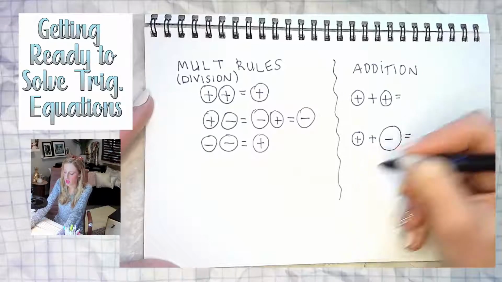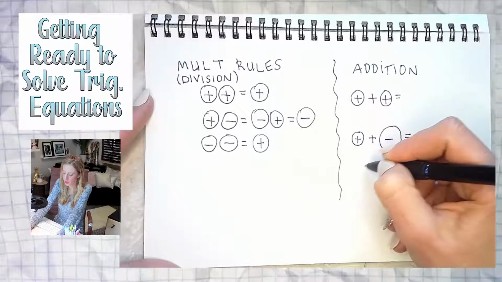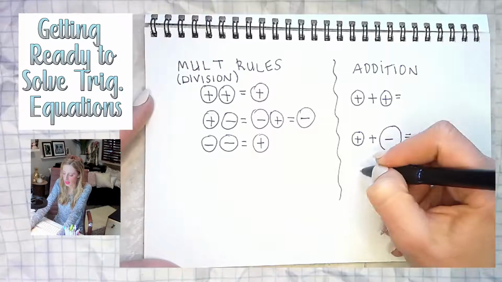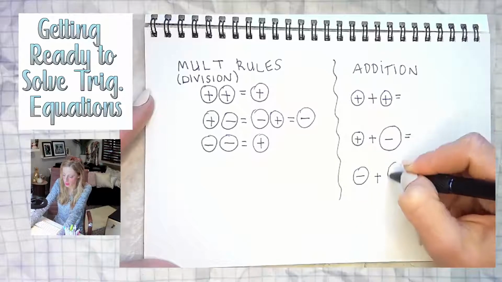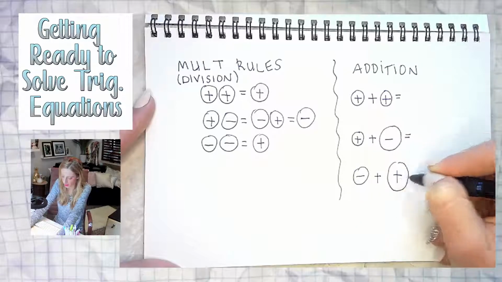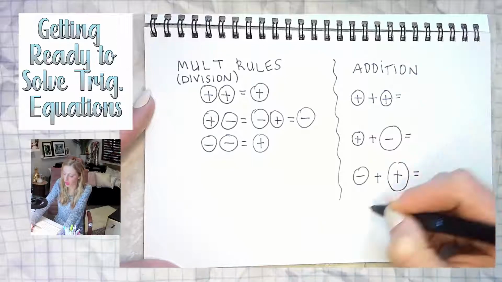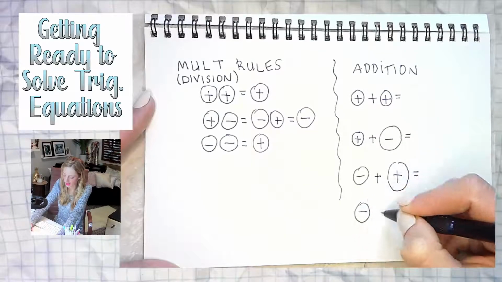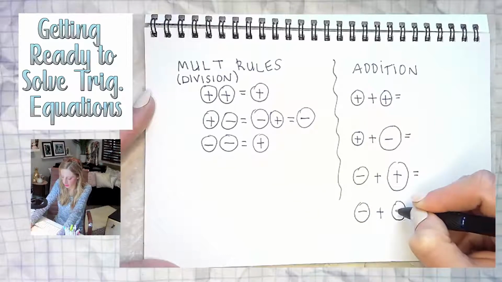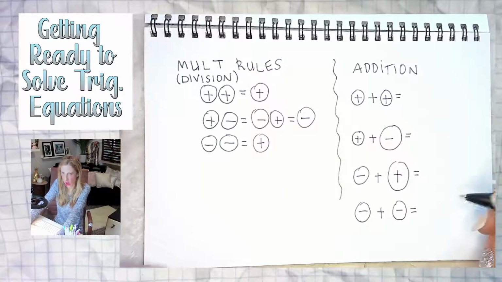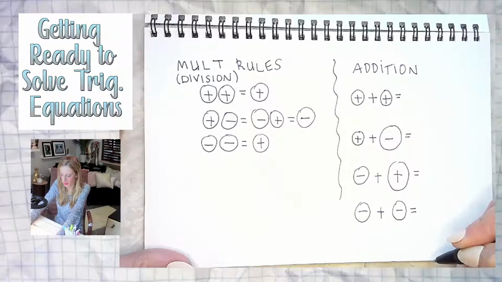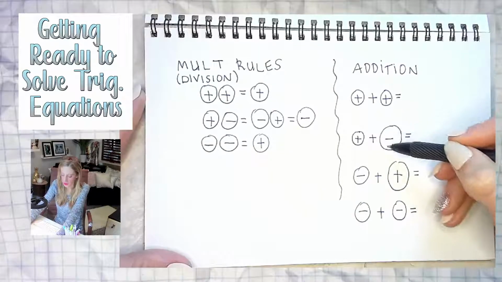What if I have a negative that's smaller plus a positive that's bigger, larger absolute value? And what if I have a negative plus a negative? Okay, and like I said, I'm leaving room under each of them so I could also do an example. But keep in mind what I mean over here.